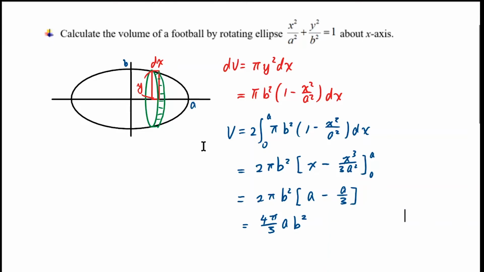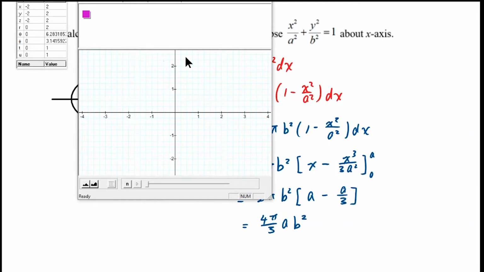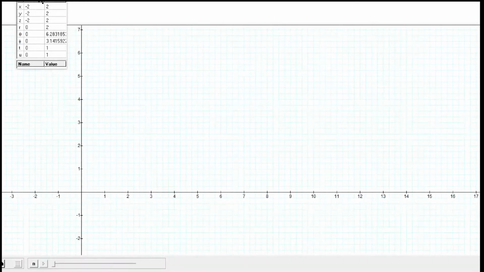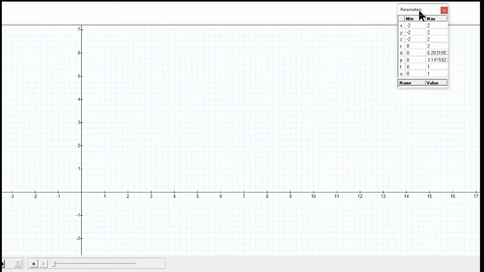You want me to put it on the 3D grapher? Yeah, let's do that. Hopefully we'll have enough time. So what we're looking at is this. Our current shape is x squared over, let's say, 4, plus y squared plus z squared.